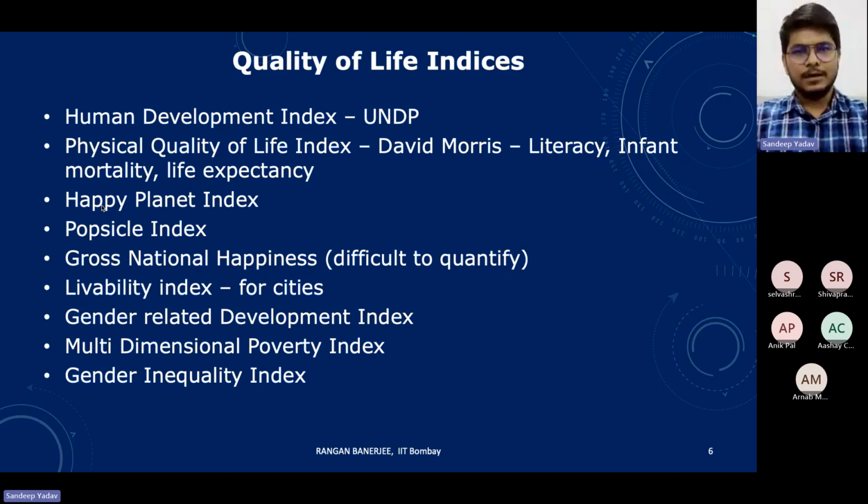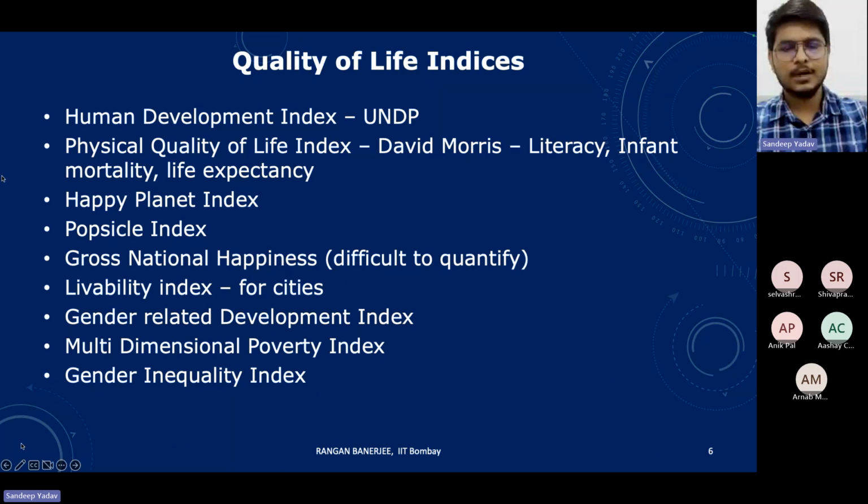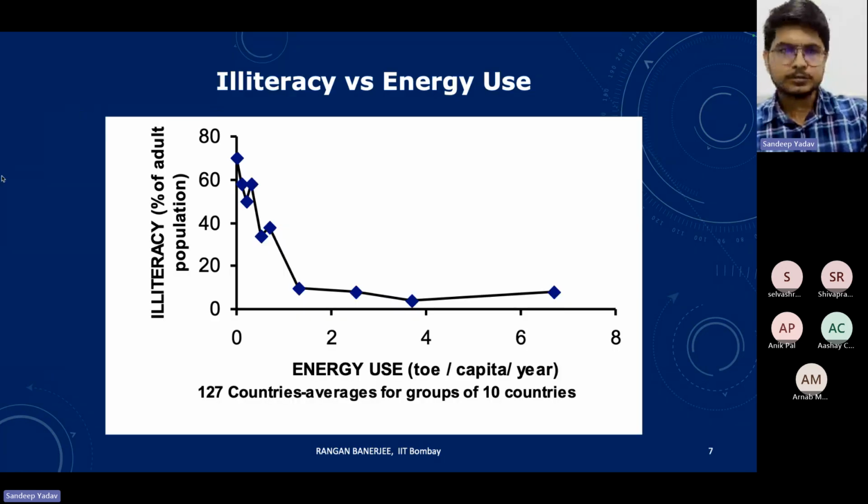Physical quality is defined by David Moyes, like literacy, infant mortality, happy planet index, gross national happiness, livability index, gender related development index, multidimensional poverty, and gender inequality. But mostly we are focusing on the human development index, how it's calculated, and how we can use it in the numerical problems.